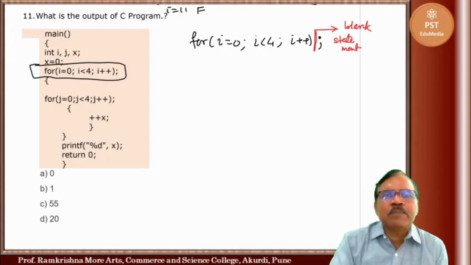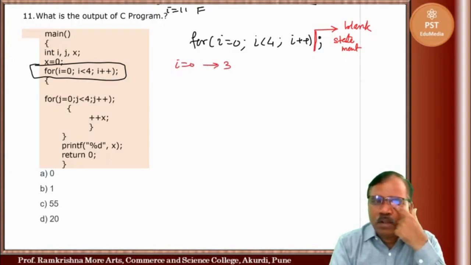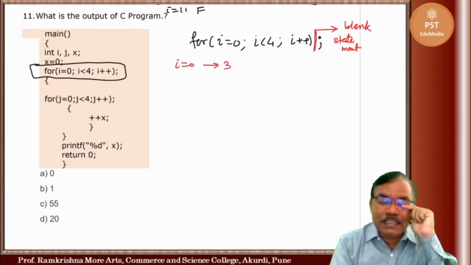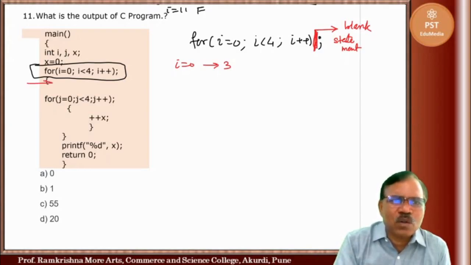So what happens here? i will go from 0 to 3 because i is less than 4, so it will go up to 3. This blank statement is executed. It will not go forward, meaning it will not go here.